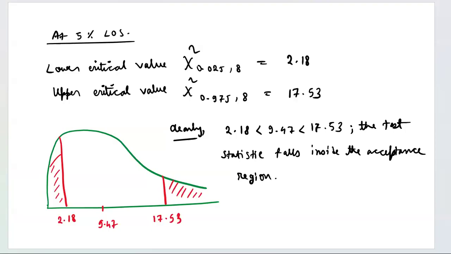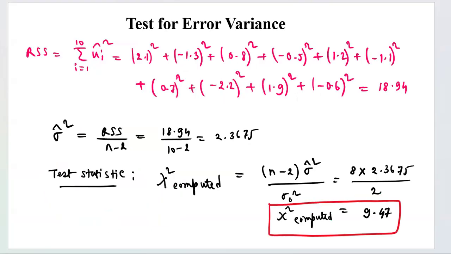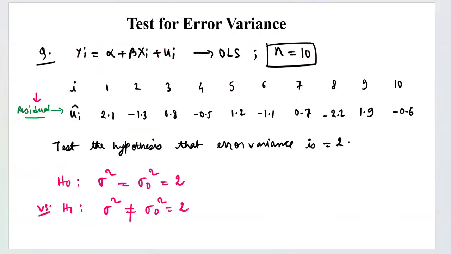And that basically gives you the conclusion that we fail to reject H naught at 5% level of significance, which basically means what? We accept this null hypothesis, right?